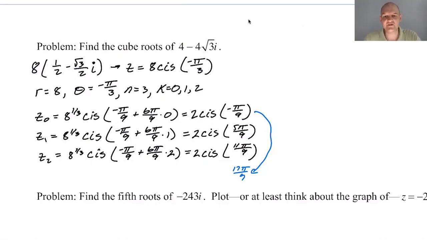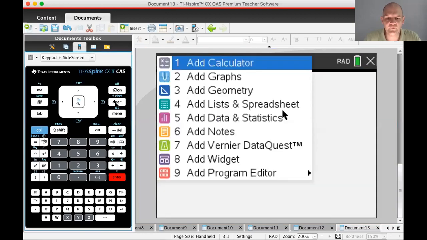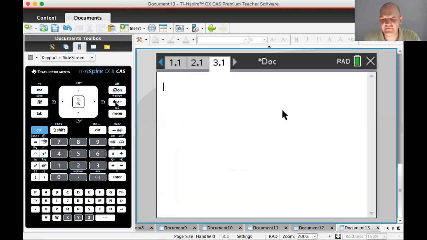I could check my answer by raising them each to the 3rd power. So let me do that. Let's see, new problem. I have to define cis again. Cis t is equal to cosine of t plus i sine of t. You just use the pi key.